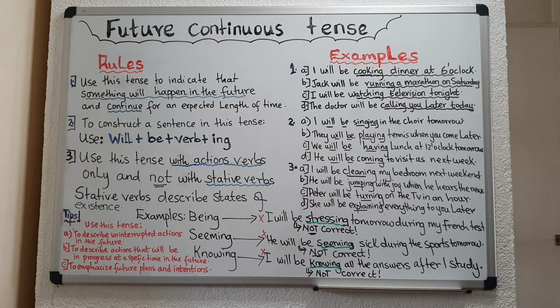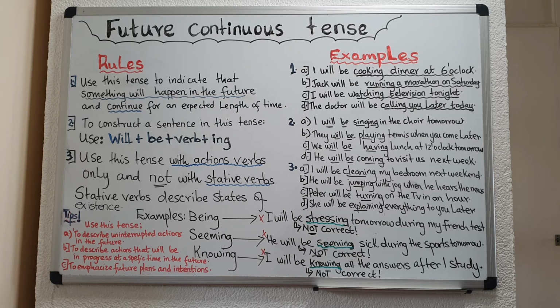Then C, Peter will be turning on the television in an hour. So, turn, he has to use his fingers, or maybe he has to press the remote control. There's some movement there. D, she will be explaining everything to you later. Her mouth is moving as she's explaining, okay?